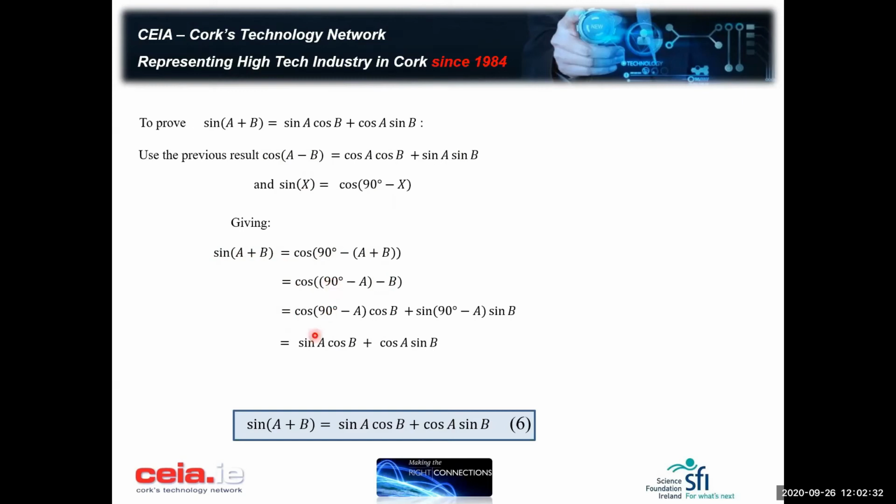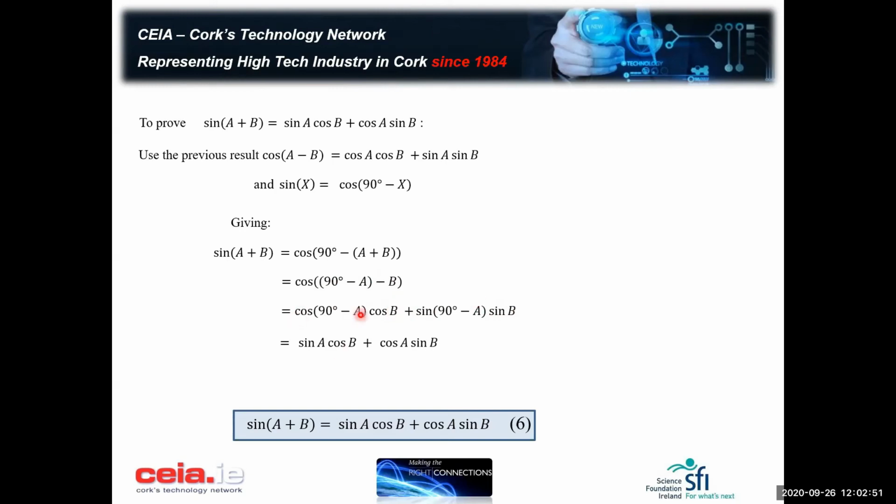Applying that, it's the cosine of the first angle times the cosine of the second angle plus the sine of the first angle times the sine of the second angle, where the first angle is 90 degrees minus A and the second angle is B in both cases.